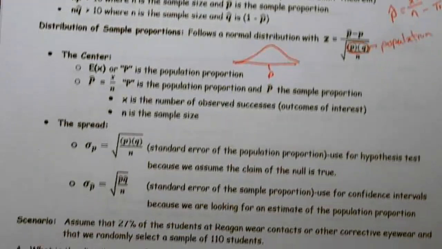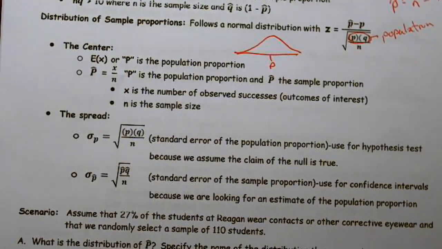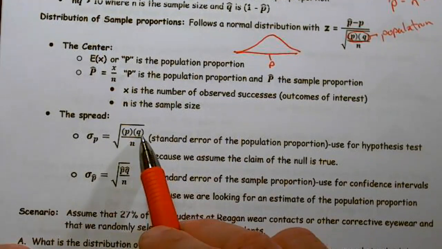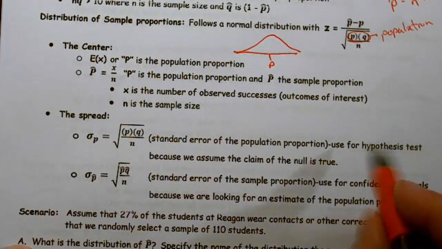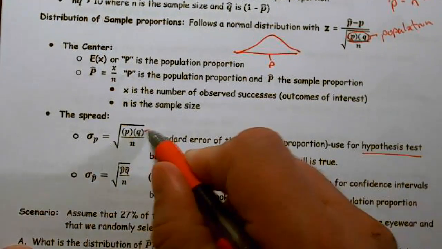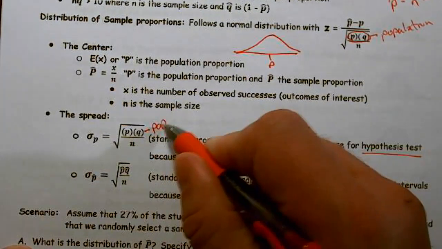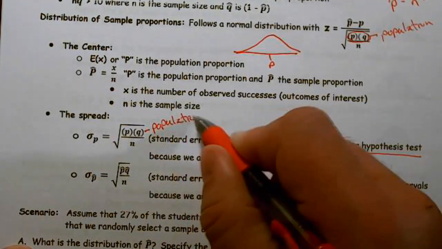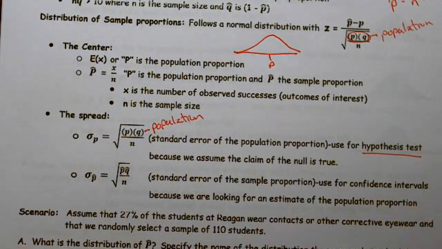When we talk about spread, and this is where things get a little bit weird, if we're working with a hypothesis test, we use the population. Why? We assume this to be true, and we already know it, so we're going to use it.